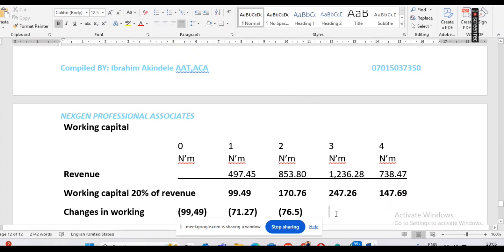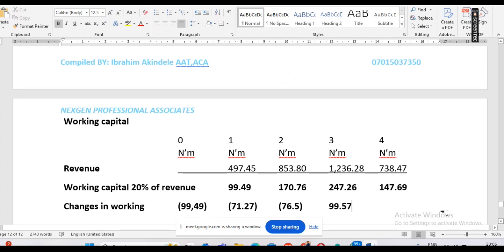Does your working capital increase? It reduced. Decrease. Hope you know what you are calculating. You understand the difference between 247 and 147. So that is a decrease.